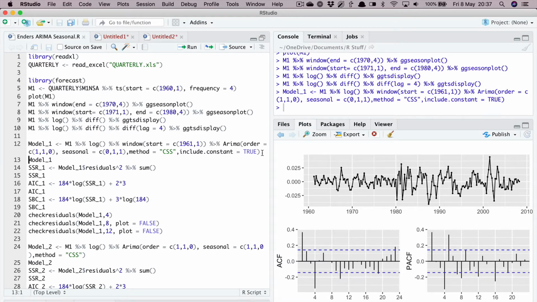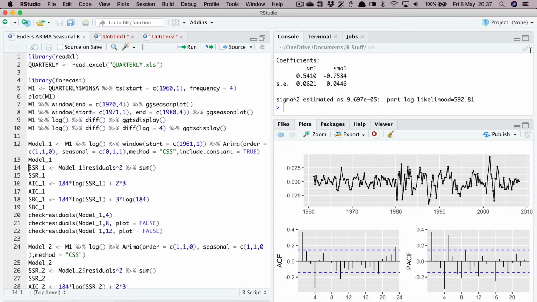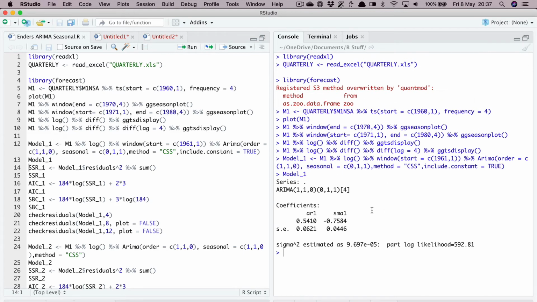and then printing out the results, this is what we get. And if you look in Enders, you'll see these are exactly the same values. So there's the one normal autoregressive element coefficient, which is this one from here, and there's the seasonal moving average one, which would be at lag 4, which is this one here.